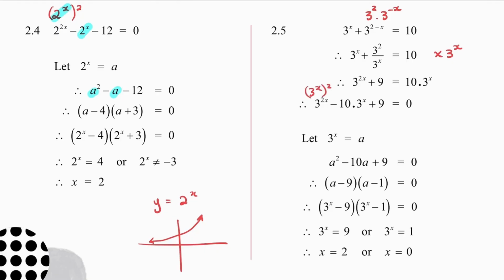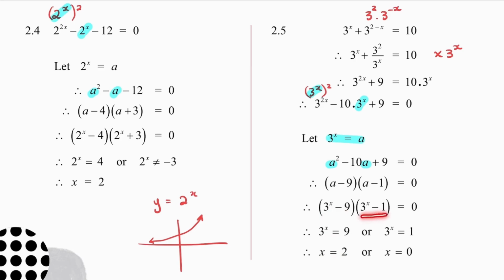So what I can do is I can let 3 to the x equal a. So in place of 3 to the x, go a's. Factorize, and then replace the a's back with 3 to the x. So either 3 to the x is equal to 9, in which case x is 2, because 3 squared is 9.